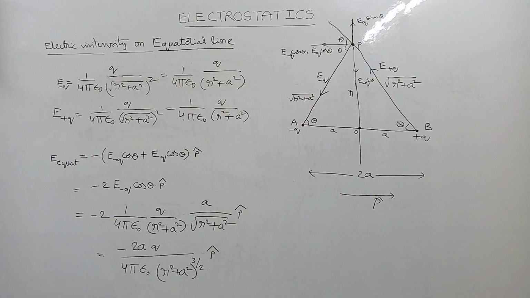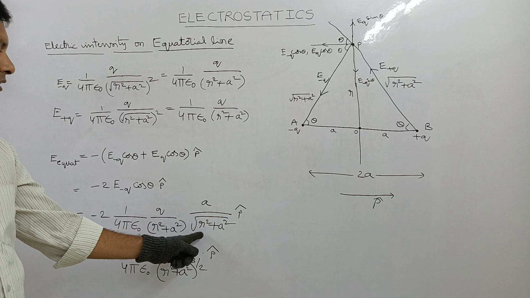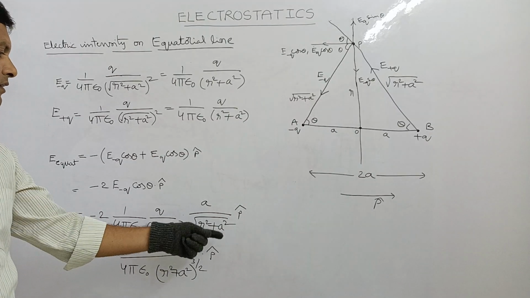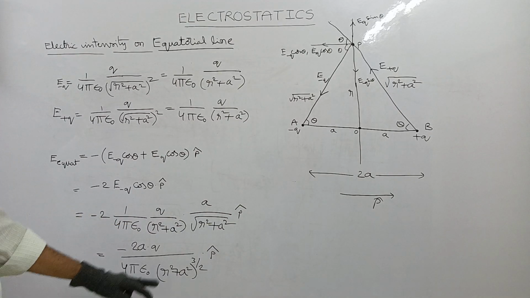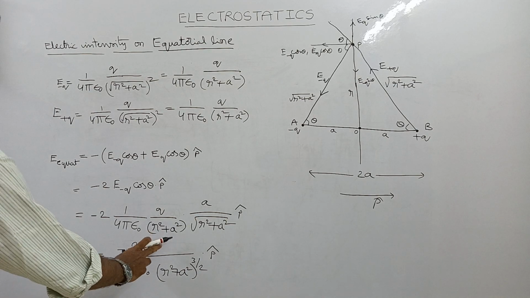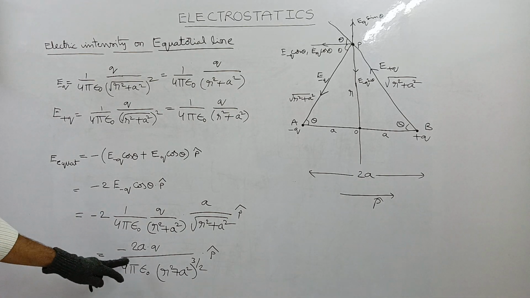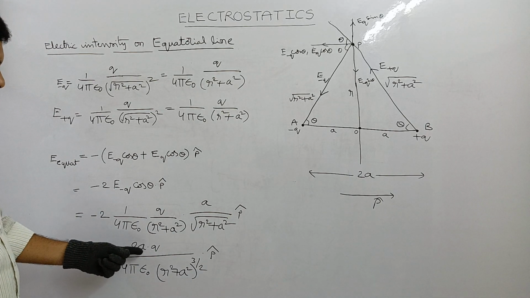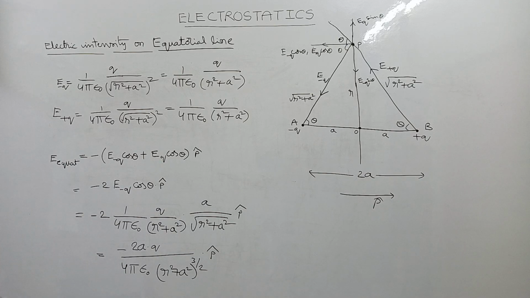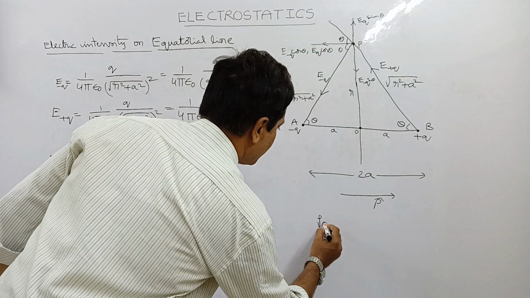Okay. R square plus A square to the power 1 into R square plus A square. This becomes root, means R square plus A square to the power of 1 by 2. Okay. So I have written R square plus A square whole power 3 by 2. If you observe here, 2AQ, again we have seen just now in the axial line case, 2AQ is nothing but dipole moment.